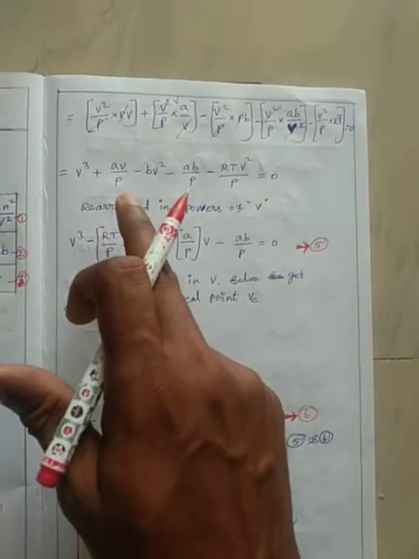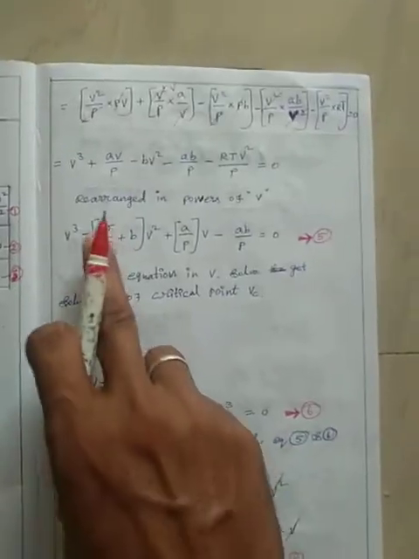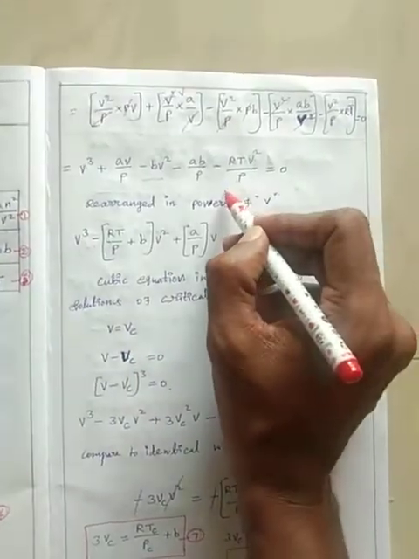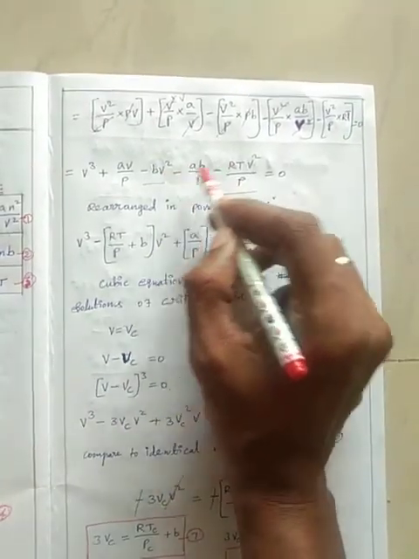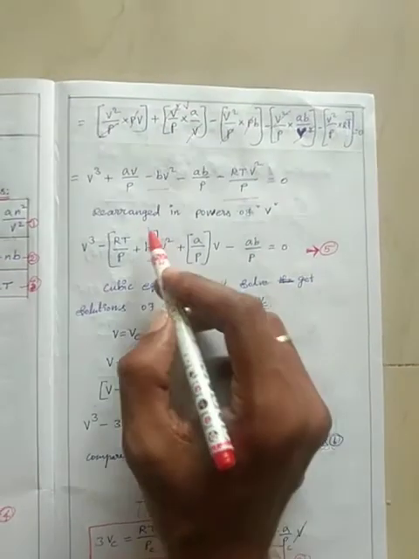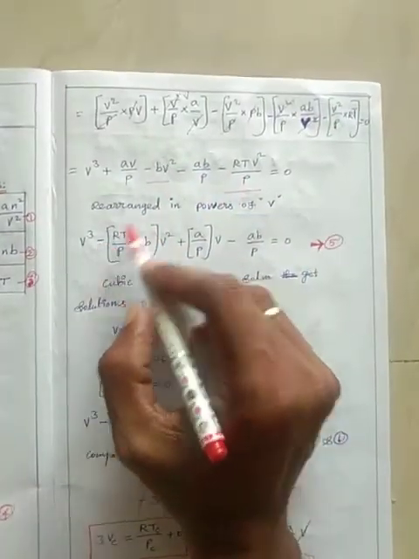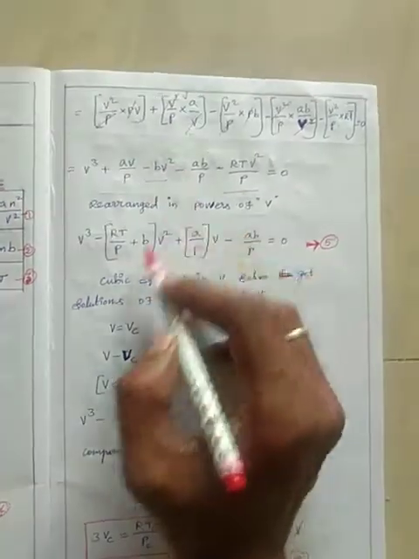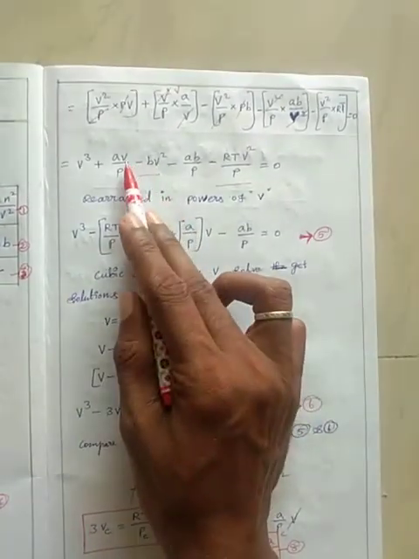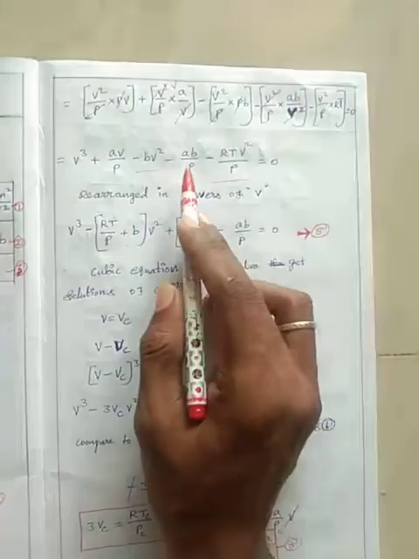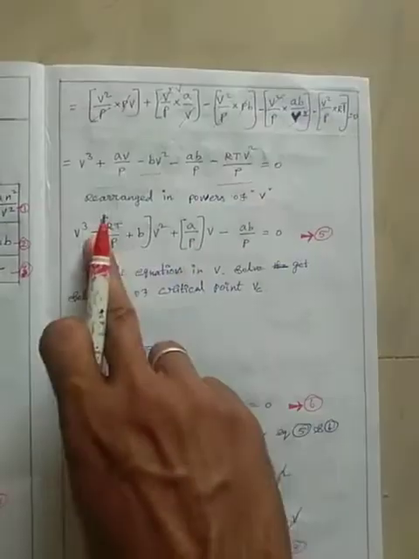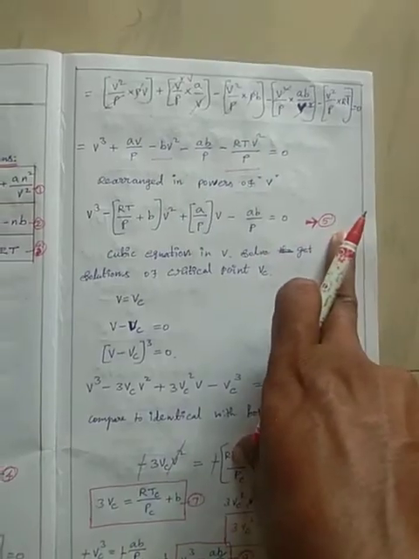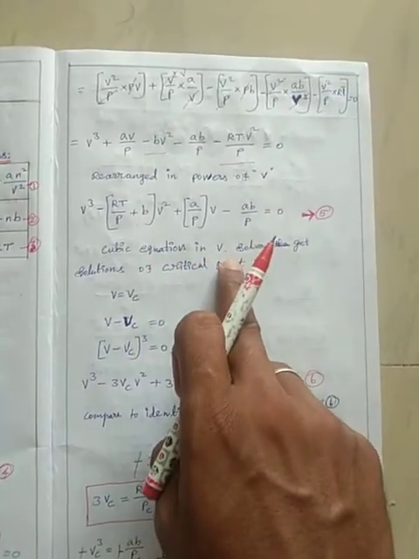So V cubed, here V squared where present: minus bV squared and minus RT V squared divided by P. Taking V squared outside the bracket with a negative sign, the balance is RT by P plus b, and next V outside the bracket: a divided by P, minus ab by P. So the rearranged equation, mentioned as equation 5, is a cubic equation in volume V.